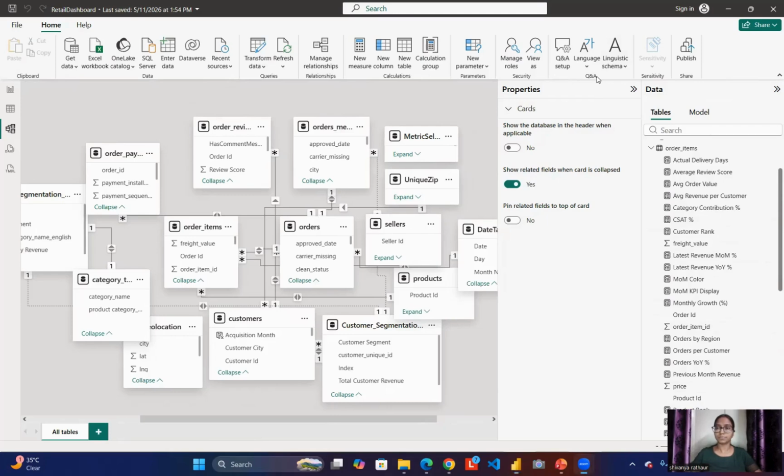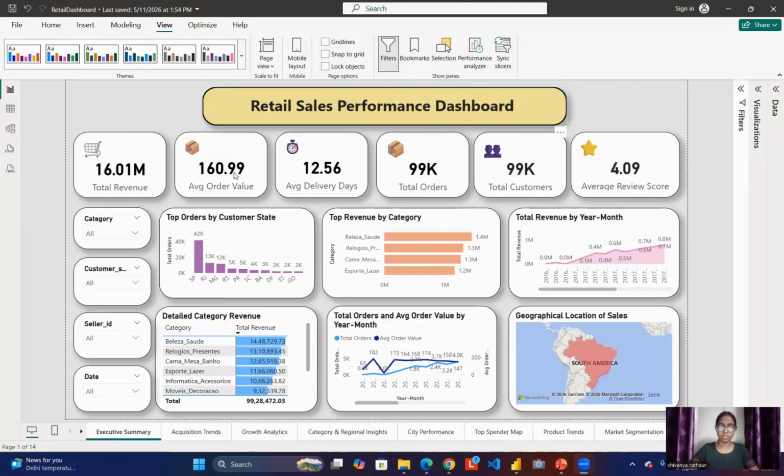Now look at this page. This is my live dashboard. I have a total of 14 pages for this data set, and this page is the executive summary page where all the important KPIs for the whole data set are shown, and I added some slicers as well so I can filter my data set according to my need.